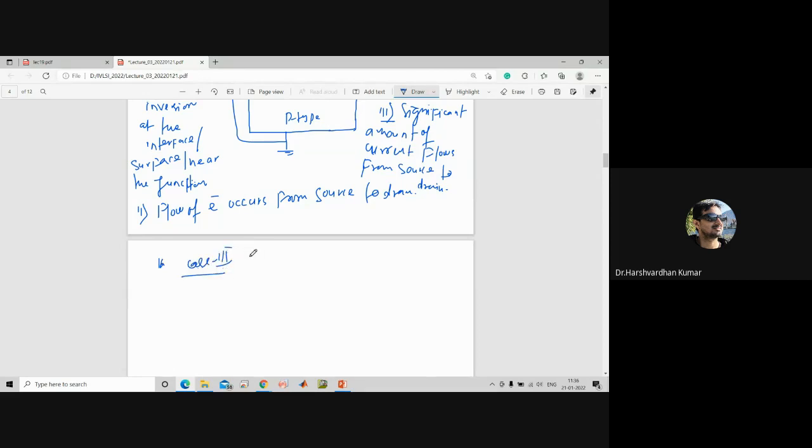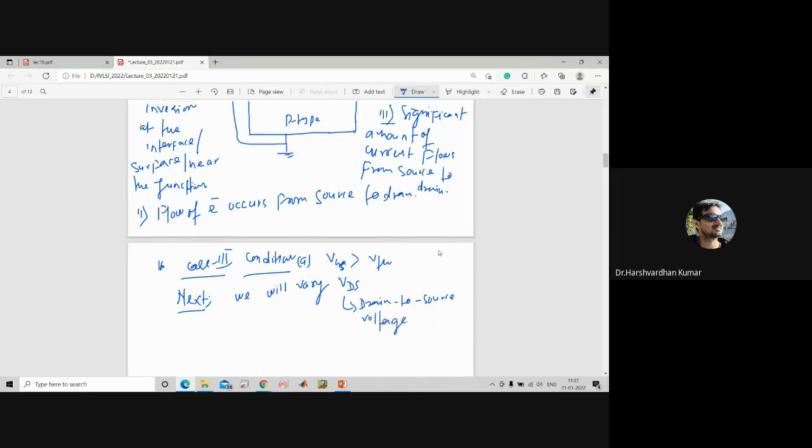Here the first condition is already there, that is VGS, gate to source voltage, is greater than VTH. Now next we will vary the VDS, that is drain to source voltage. So what will happen to the device?